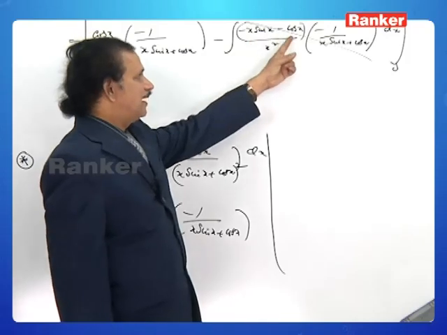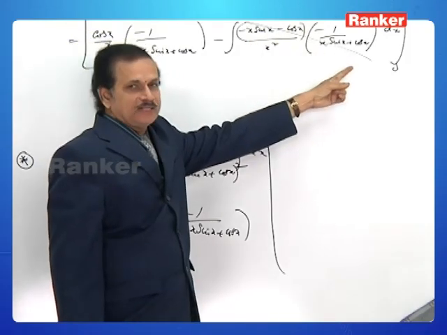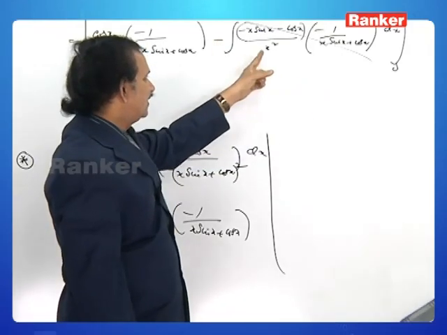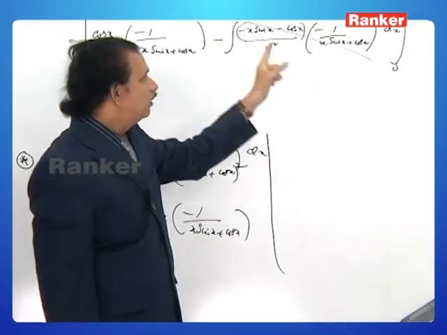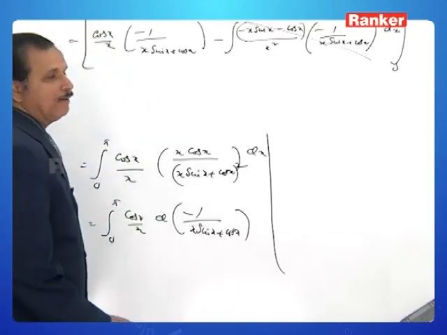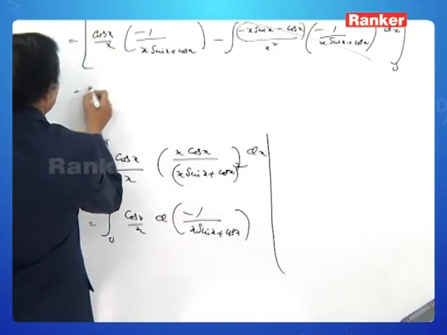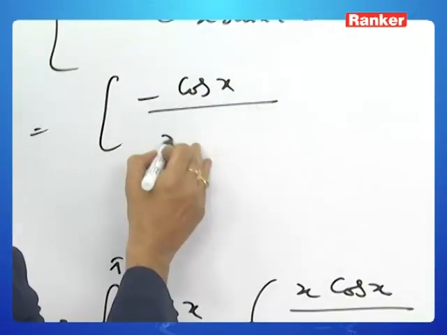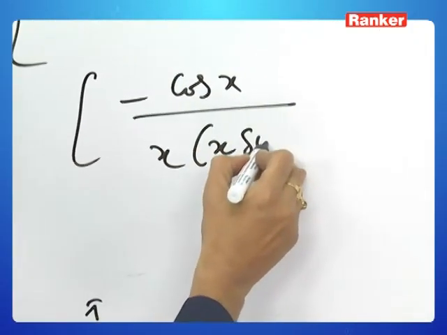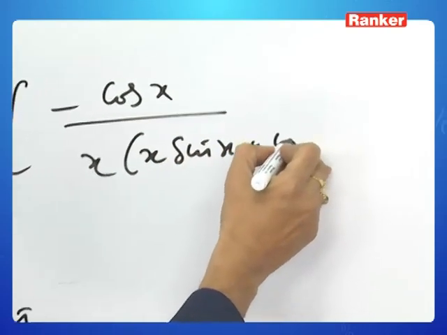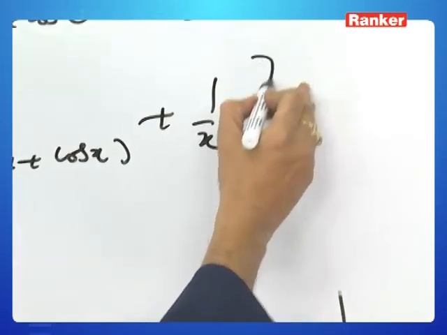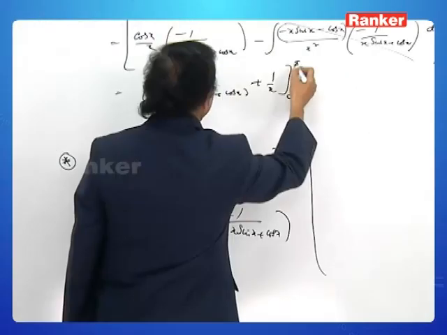Minus x sin x minus cos x, minus x sin x minus x minus cos x, these two will be cancelled, so that it is minus 1 by x square is only remained. What is the integral of minus 1 by x square? Plus 1 by x. So this is equal to minus cos x by x into (x sin x plus cos x) plus 1 by x between the limits 0 to pi.